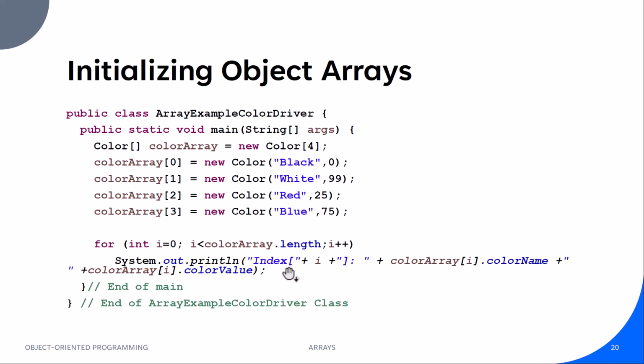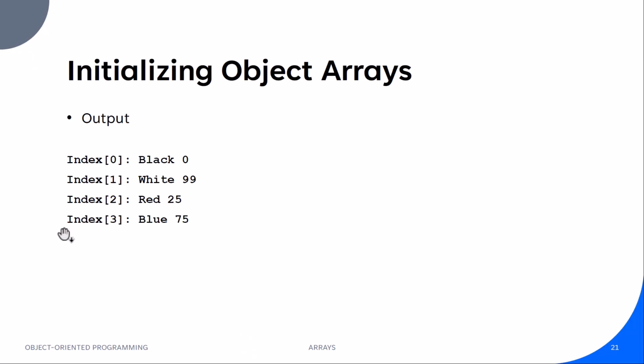And then we are going to print the values of this color array onto the screen. And here is the output of our program. We had 4 elements in the color array, and here are the values for each element of this color array.